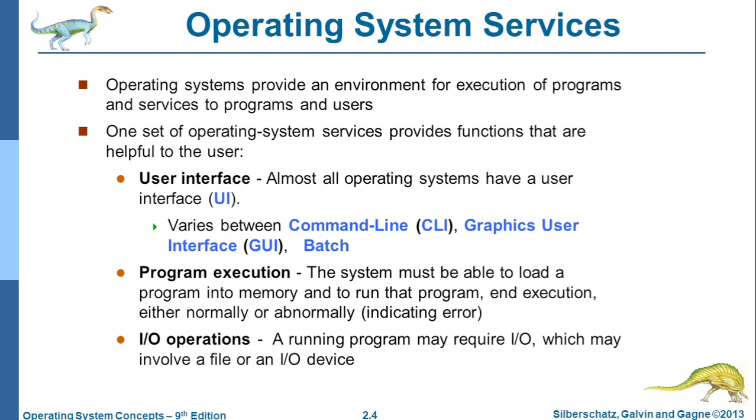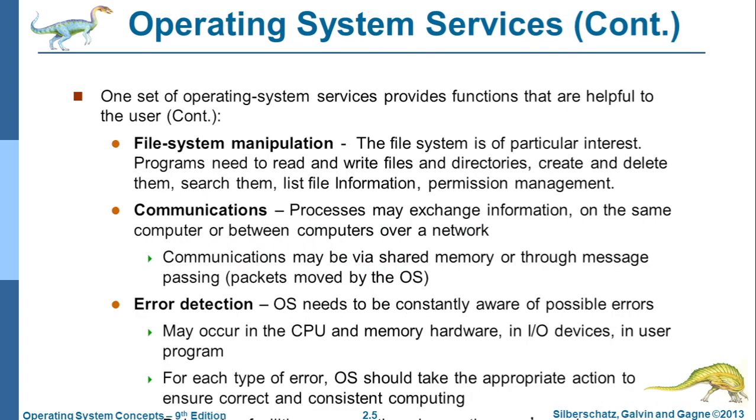So the main work is user interface, program execution, and input output operations. Another is file manipulation. The operating system works to manipulate files. Communication between different processes is done by the operating system. And the operating system detects if there is an error in a software or in an input output device, right?